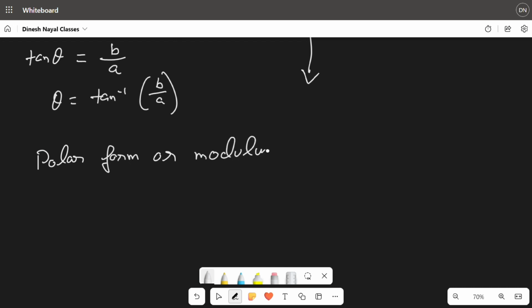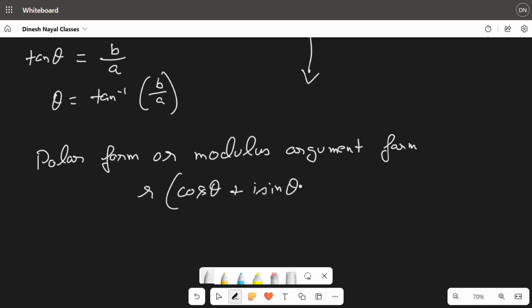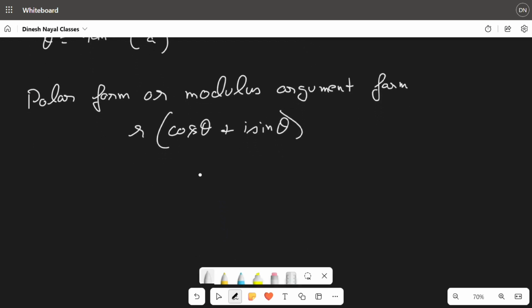We write the polar form as r cos theta plus i sin theta. In short, we also write this as r cis theta. So that's the polar form.